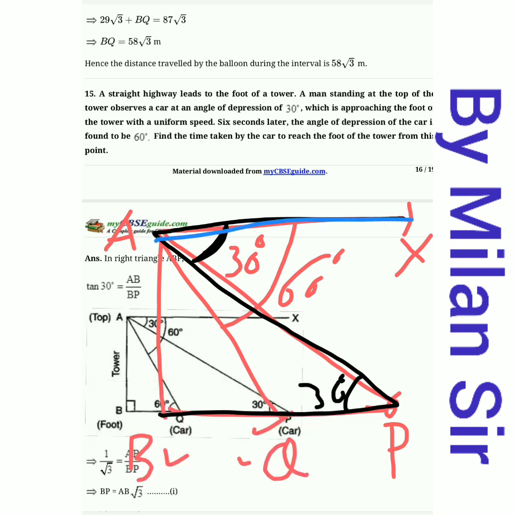Now the second one is like this. Here it is 60 degrees, so here also 60 degrees, again by alternate interior angles, because AX and BP are both horizontal lines, meaning parallel lines. So here alternate interior angles are created and they are the same. So one angle is 30 and one is 60.